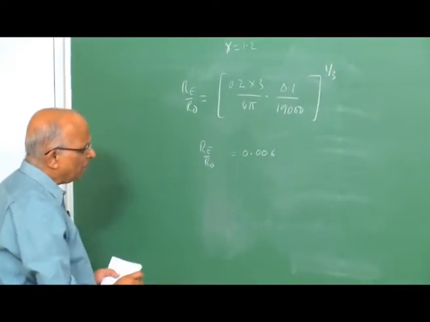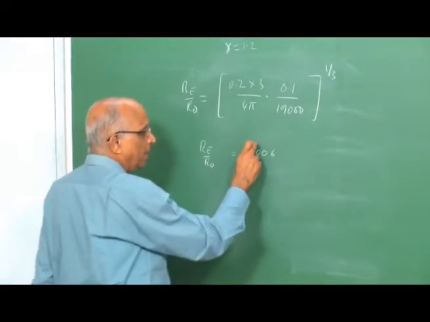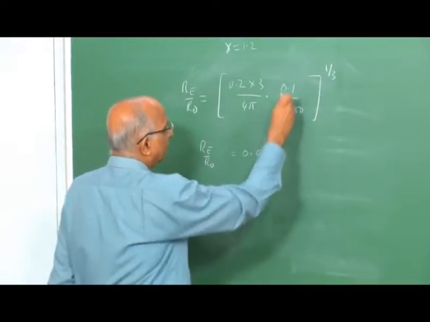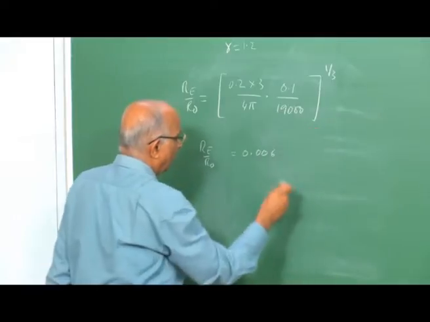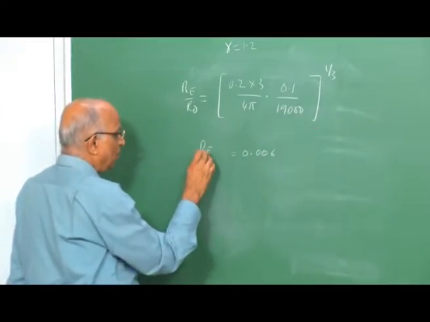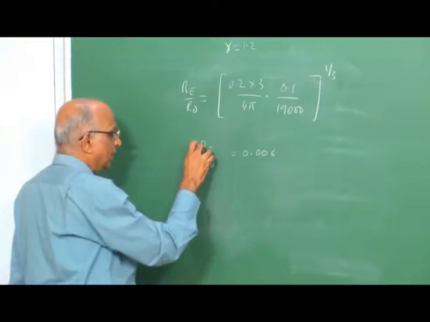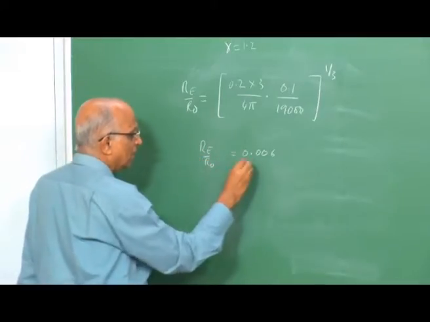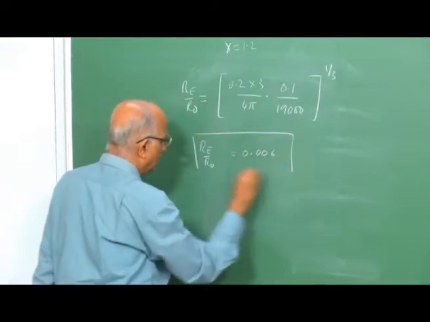Therefore, you find when I use TNT as a source for generating the blast wave or as an explosive, the value of the radius of TNT divided by the explosion length comes out to be this particular number.